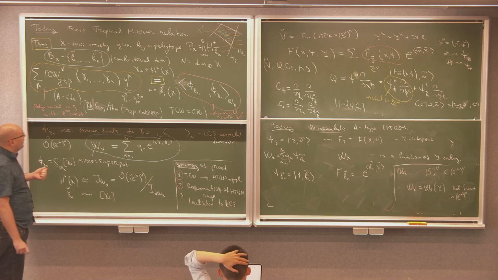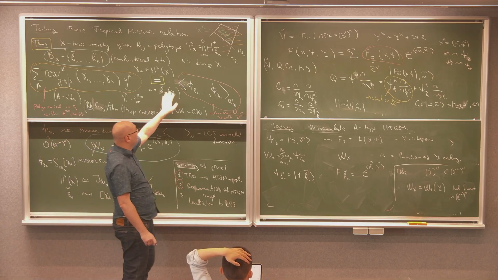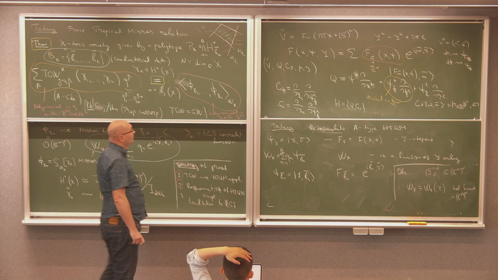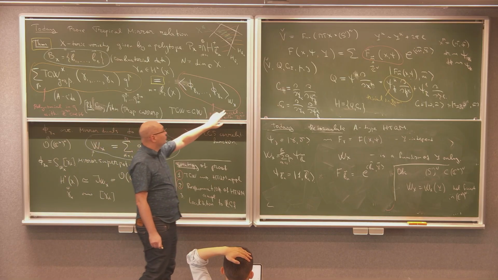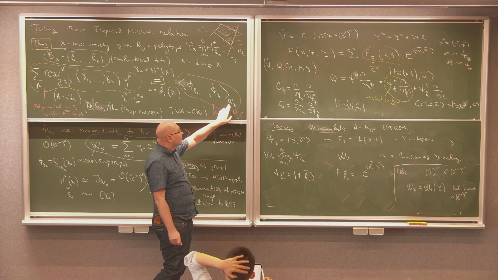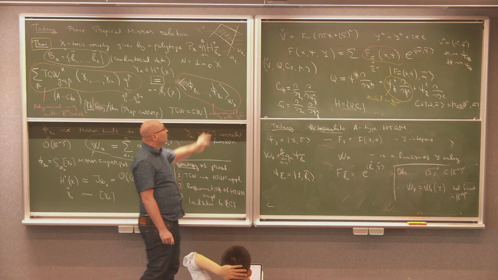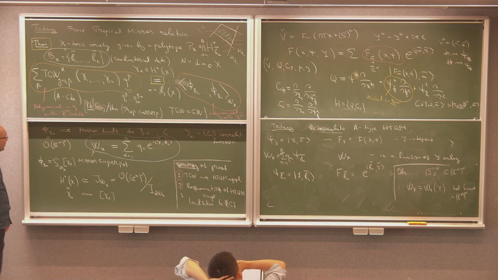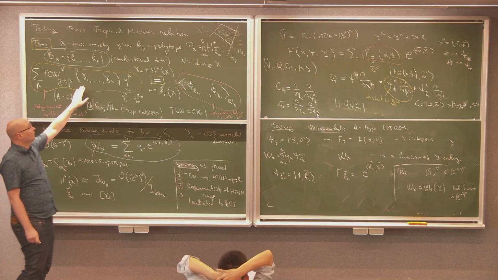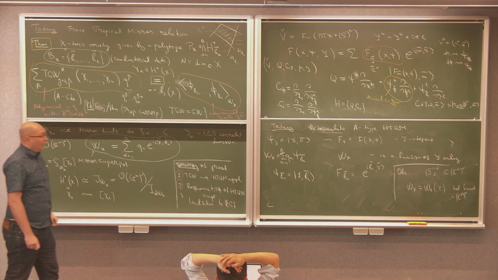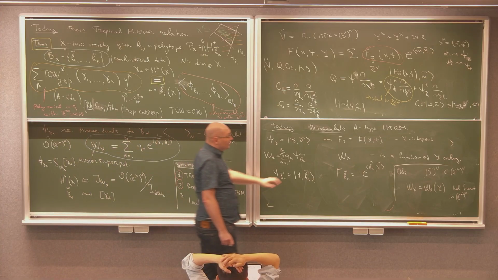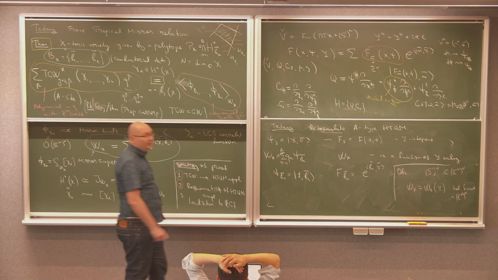Because in order to get this red expression, we need two ingredients. We need the mirror superpotential, and we need some collection of holomorphic functions for this observable count. So far, getting the mirror superpotential turns out to be very easy.